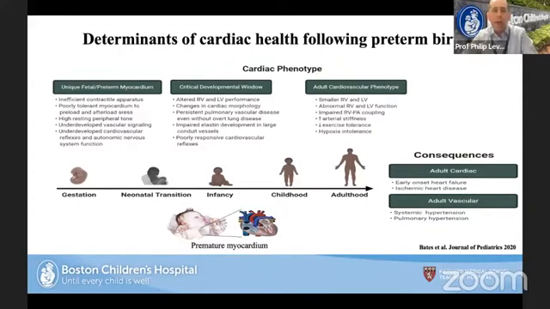These persist to the adult cardiovascular phenotype, and the ultimate consequences are seen with heart failure, pulmonary hypertension, ischemic heart disease, systemic hypertension. And if you don't understand the background, the morphology, the mechanisms, the metabolism, you can't understand how to treat these individuals born preterm.